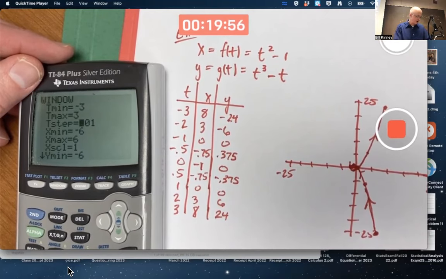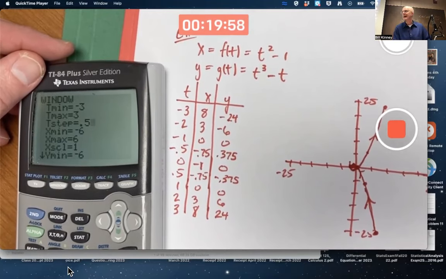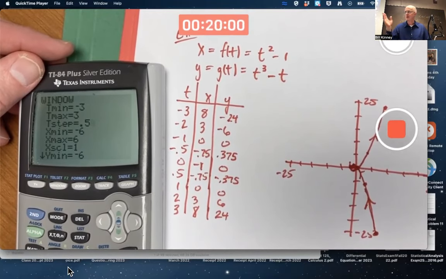Making it bigger makes the curve get traced faster, but less accurately. Making it smaller, the curve gets traced more slowly, more points are being plotted, but it is more accurate.